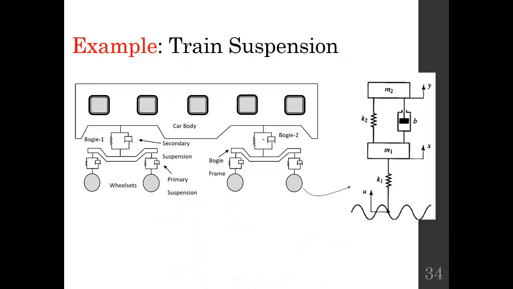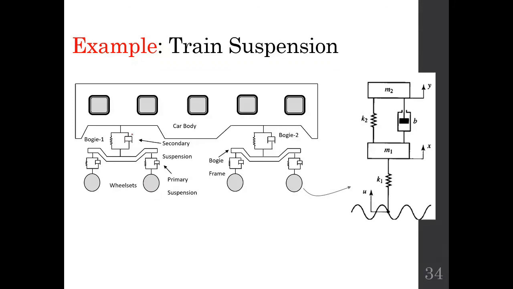Here is another example where we have to make the mathematical model of the train suspension system. Here we have a car body, or the train, which is resting on this suspension system.